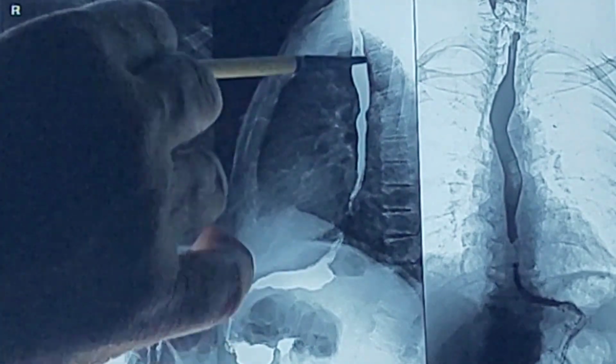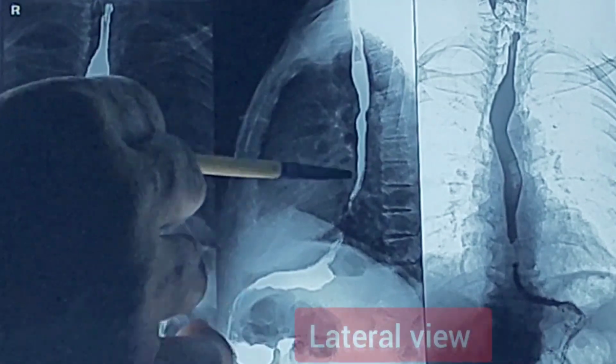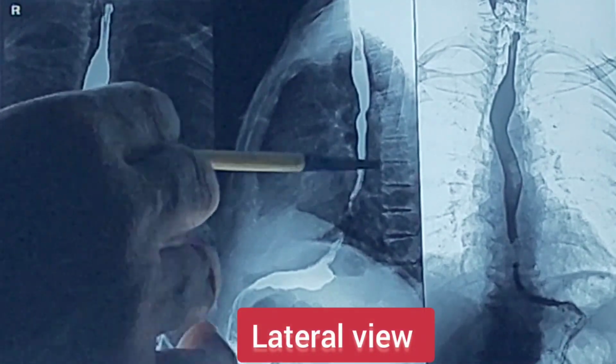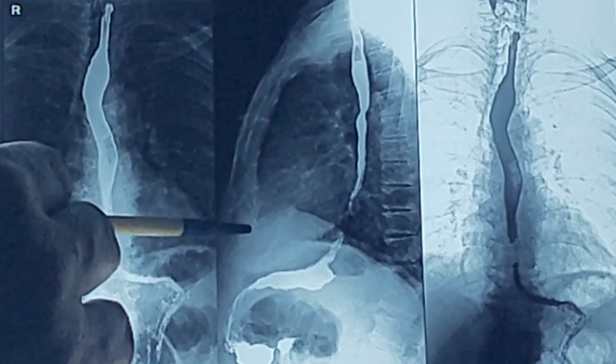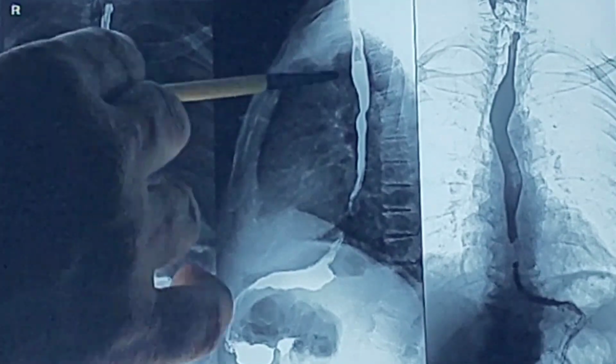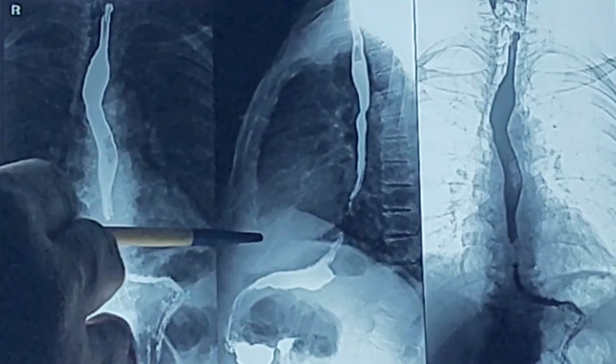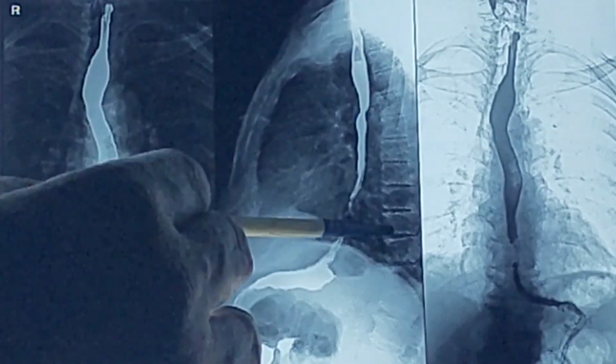And here you can see another barium swallow, but it is a lateral view. In the lateral view, we can see this is the sternum in front, this is the thoracic cavity, here is the shadow of the diaphragm, and all these are the thoracic vertebra.